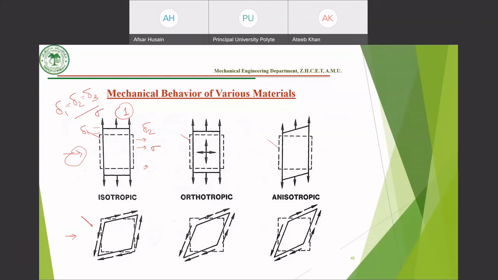Now coming to the orthotropic material, again, when we are applying the load on a cube of orthotropic material, there will only be elongation in this direction and contraction in the respective other directions. But there is a difference in this case.